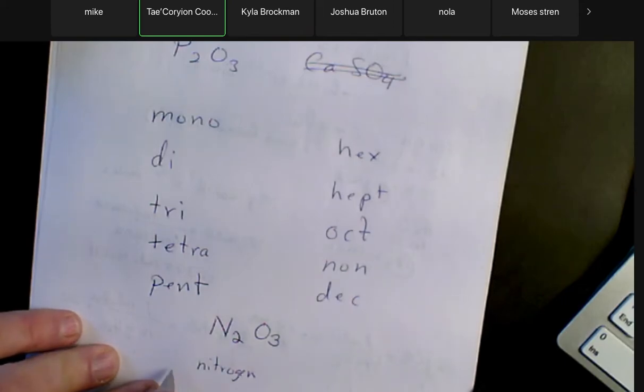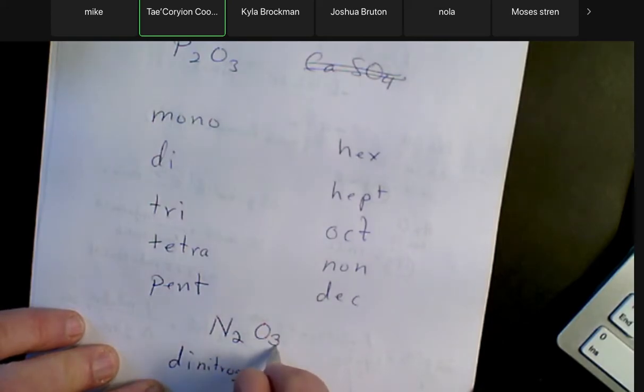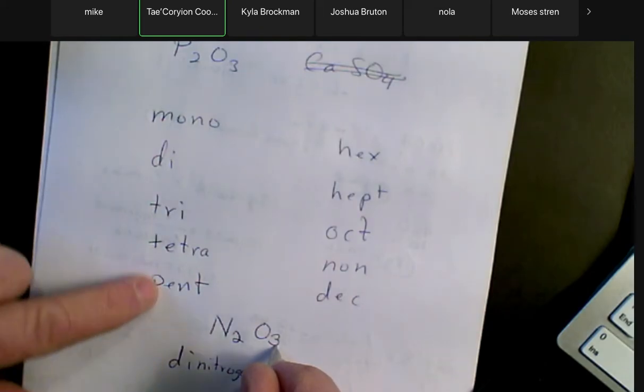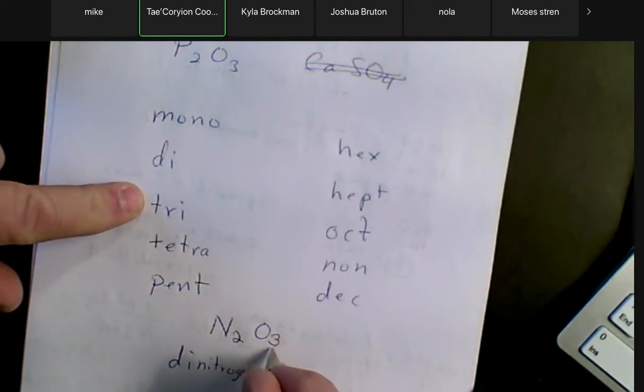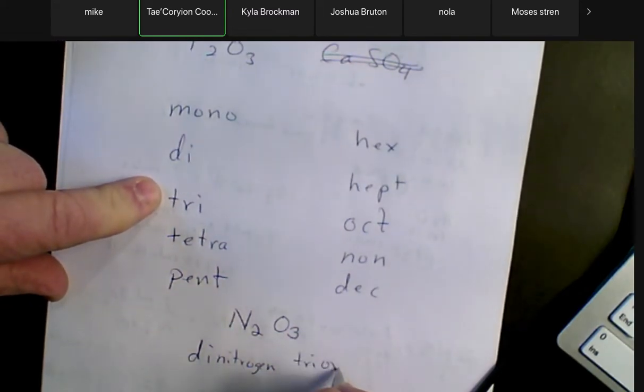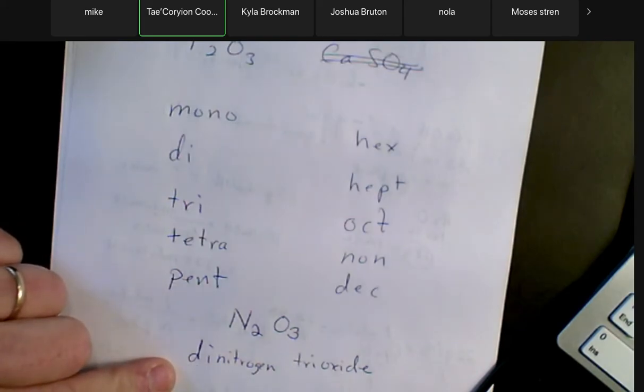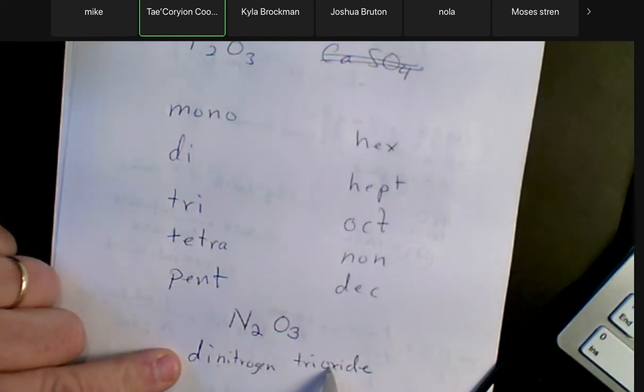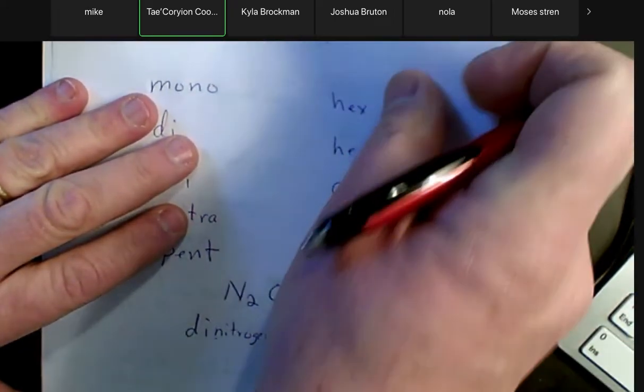Di. So you would say dinitrogen, and you guys watch the chat also. And then how many oxygen atoms are there? 3. So which one means 3? Tri. So you'd say dinitrogen trioxide. So when you see the name dinitrogen trioxide, that means there are 2 nitrogens and 3 oxygens, and you don't even have to think about charge.